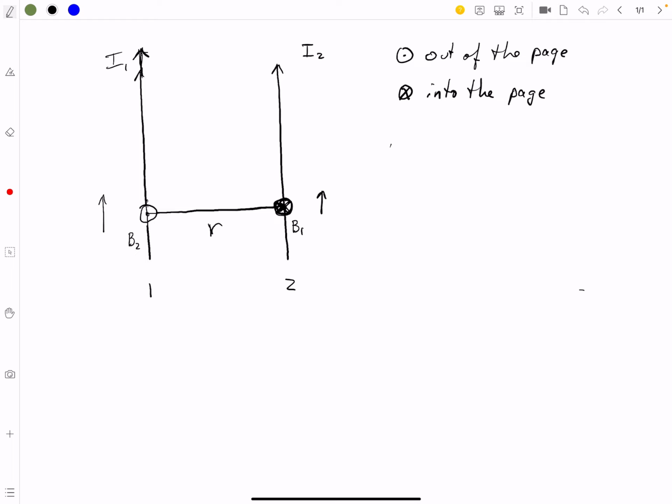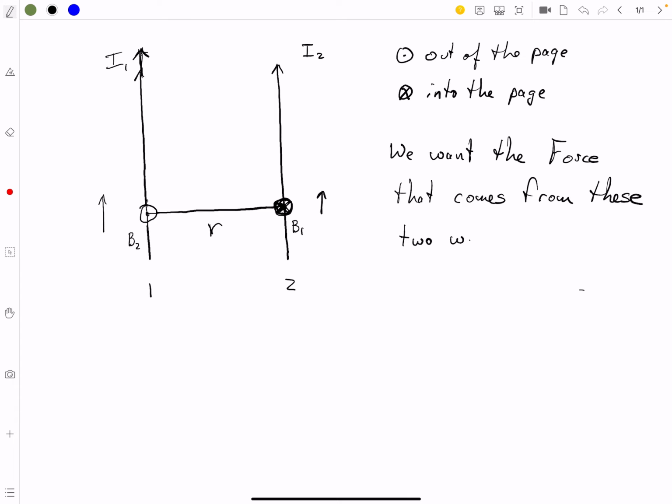So we are after, right now, the force that comes from these two wires with current flowing in them. Okay, that's our thing. That's what we want to know.